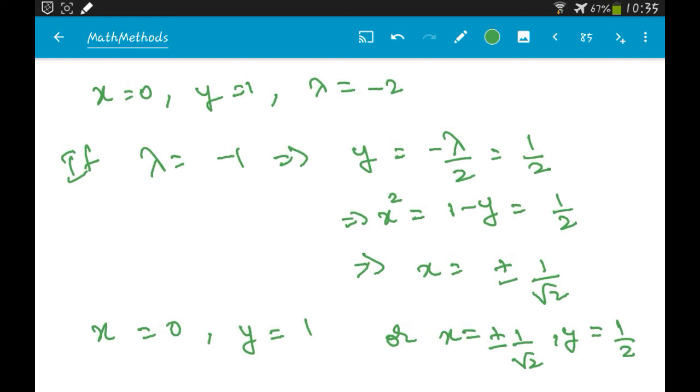Now for these points you can carry out the same method wherein you find df by dx and see that it is 0. Then you have to find dou square f by dou x square, dou square f by dou y square, and all of that, and find the maximum or minimum. This is your Lagrange multiplier method.